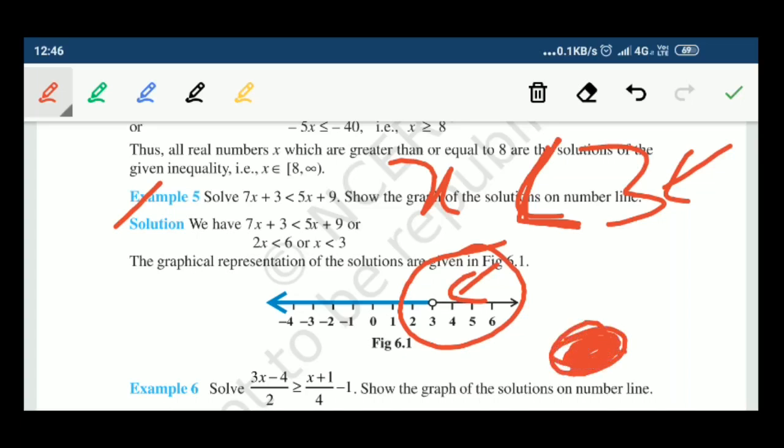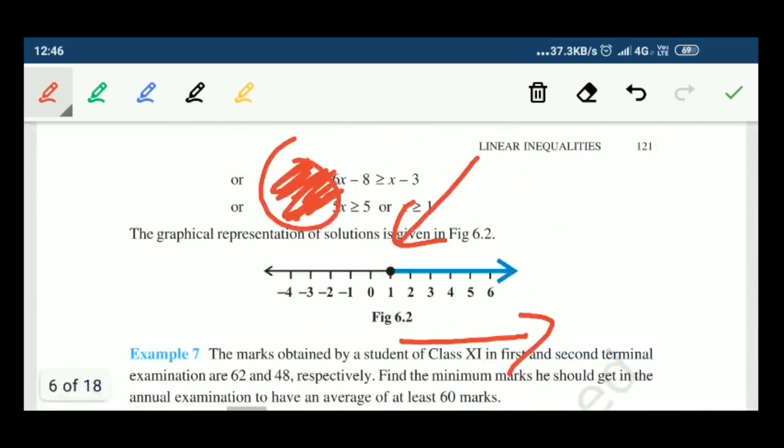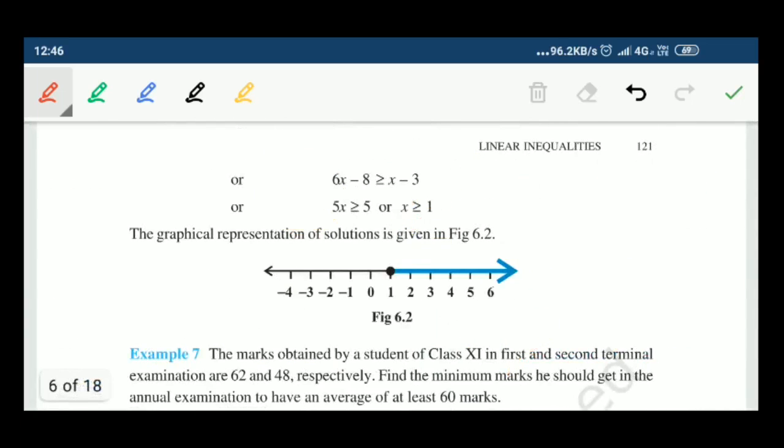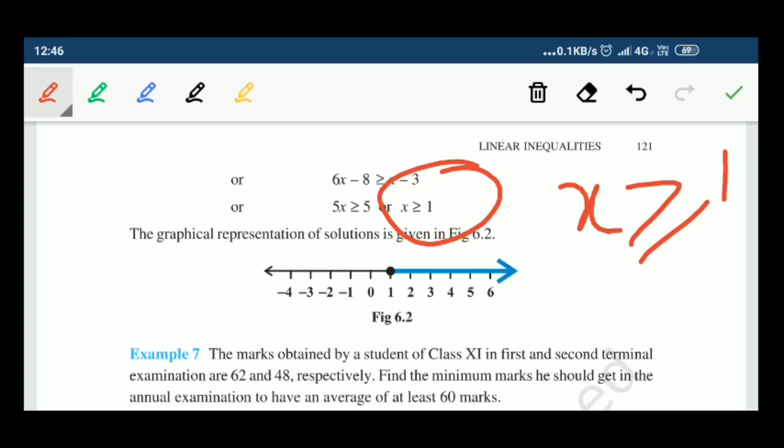If this circle is not shaded, it means 3 is not a part of this solution. And in the next question, example number 6, they have given this sign: x is greater than or equal to. This equals to indicates that 1 is a solution of this inequality.